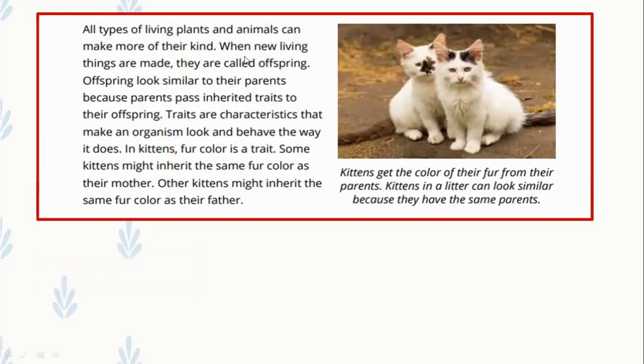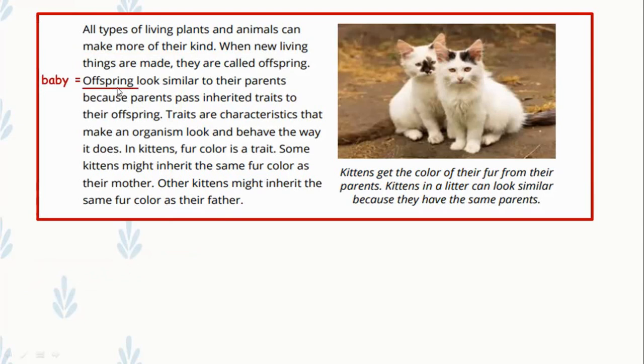When new living things are made, they are called offspring. So when any animal gives birth to its baby, this baby is called offspring. So the offspring means babies.